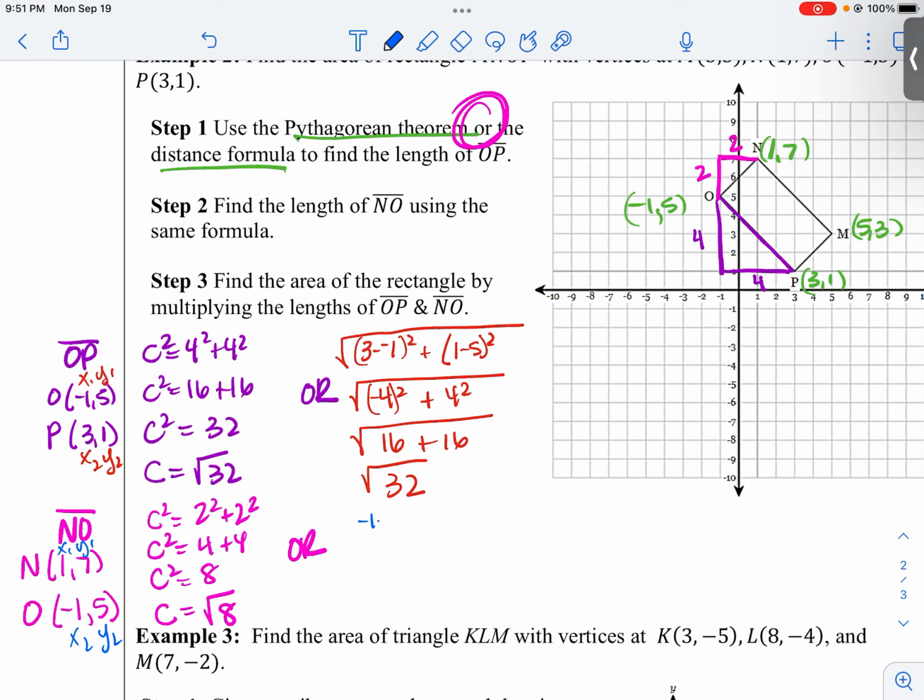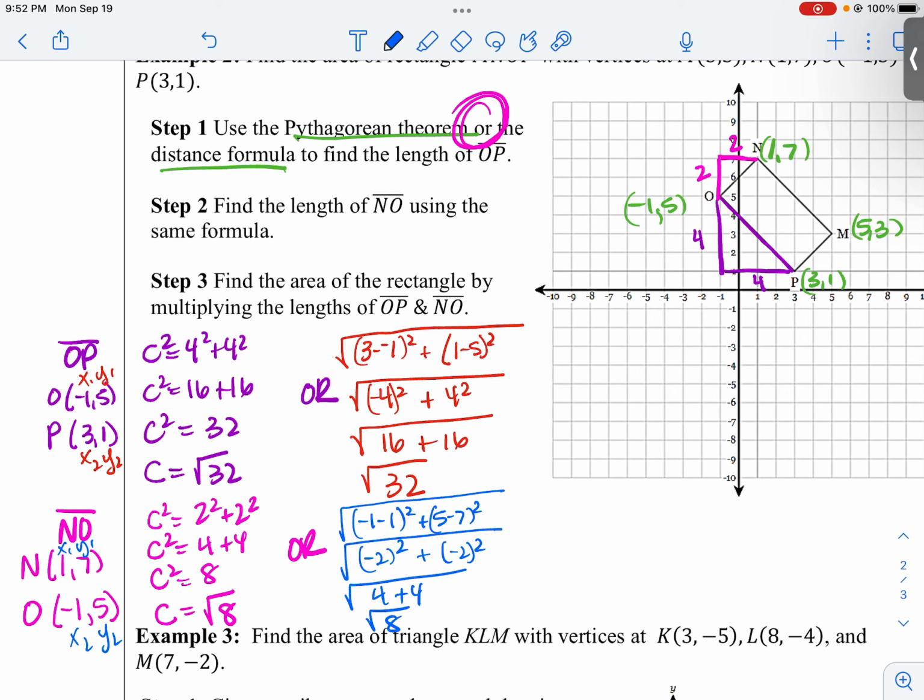So I have -1 minus 1 squared plus 5 minus 7 squared. That's -2 squared plus -2 squared. Notice that I keep putting the square root over each piece. Don't leave that off, because then you'll forget to do it. So this is the square root of 4 plus 4, which is the square root of 8.